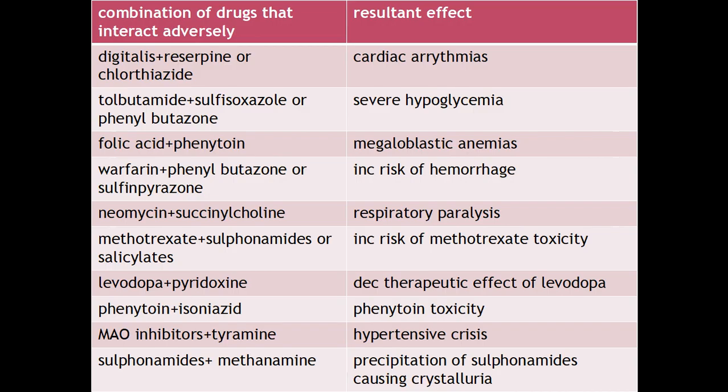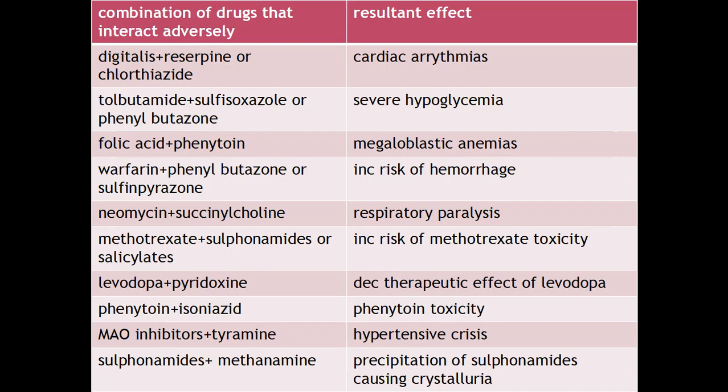So phenytoin reduces the effect of folic acid. Since folic acid is used to treat megaloblastic anemia, the effect of folic acid is reduced and there will be worsening of megaloblastic anemia.